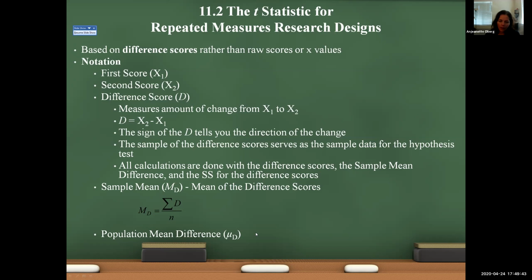And then we also have a population mean difference score. So this is for our sample, and then this represents the difference score for the corresponding population. And given that when we go through hypothesis testing, we base those notations on the population null, it will use this symbol in the null notation, okay?